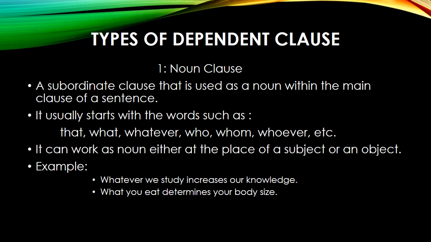It usually starts with words like that, what, whatever, who, whom, whoever, or whomever. A noun clause can work as a noun either in the place of a subject or an object.